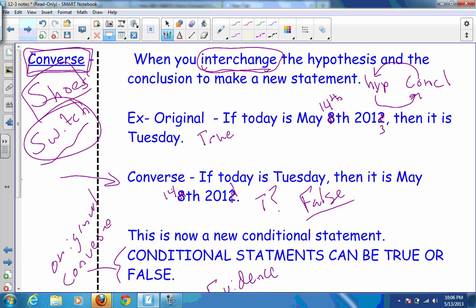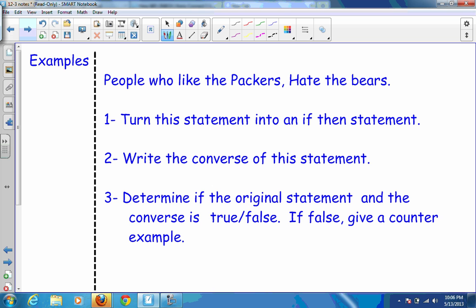So, let's go through a couple examples here. People who like the Packers hate the Bears. Turn this statement into an if-then.